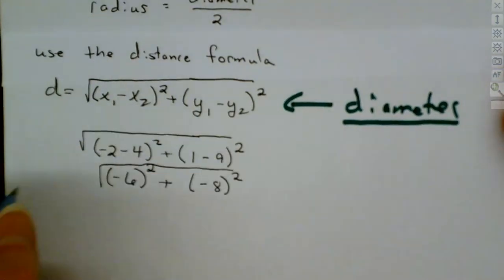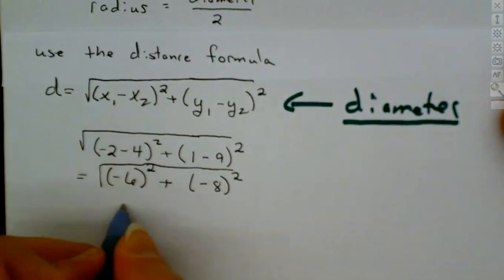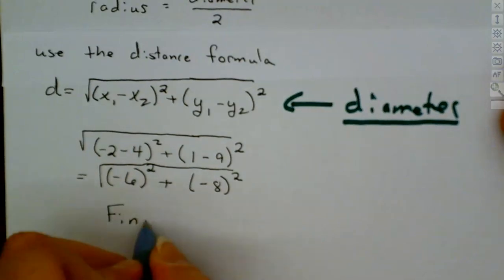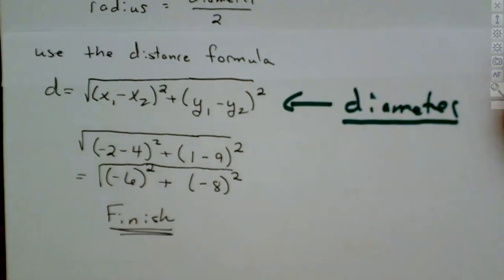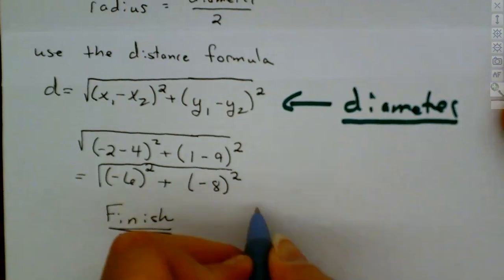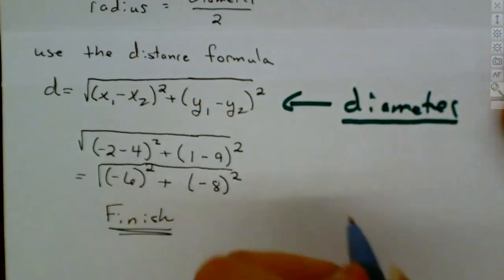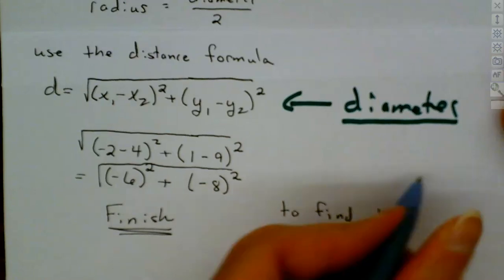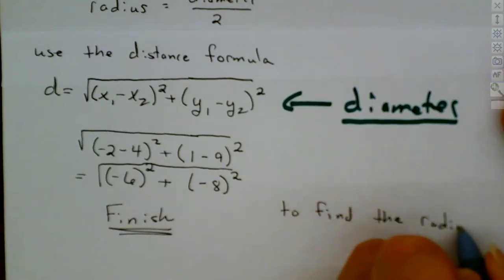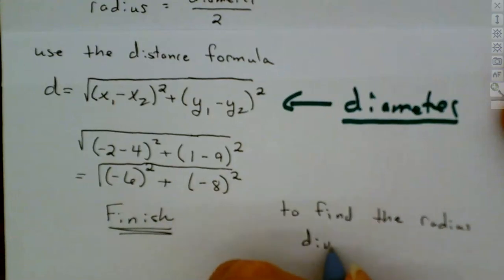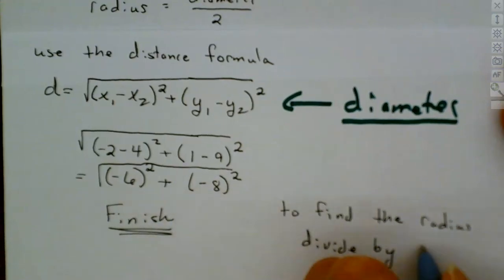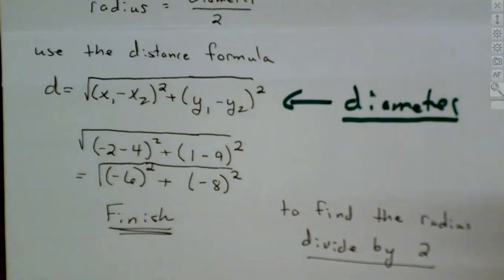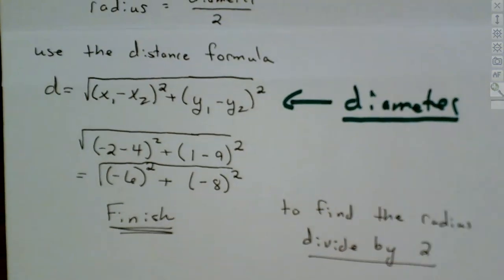I'm going to leave this for you to finish, so you can break it down. Now, what about my answer? This is the diameter. So how do we get the radius? To find the radius, divide by 2. Whatever you find, you're going to divide it by 2.